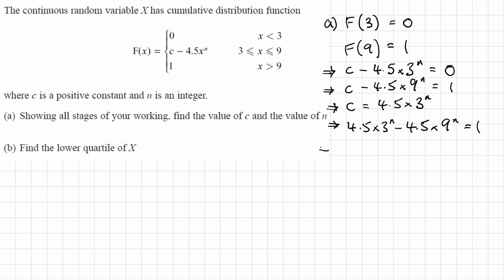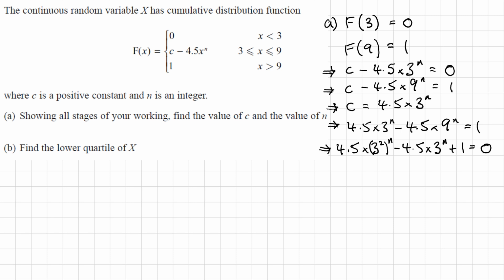Now I can actually make this a quadratic if I write this as 3 squared to the power n and times both sides by -1. So I've got 4.5 times 3 squared to the power n, and then minus 4.5 times 3 to the power n plus 1 is equal to 0.